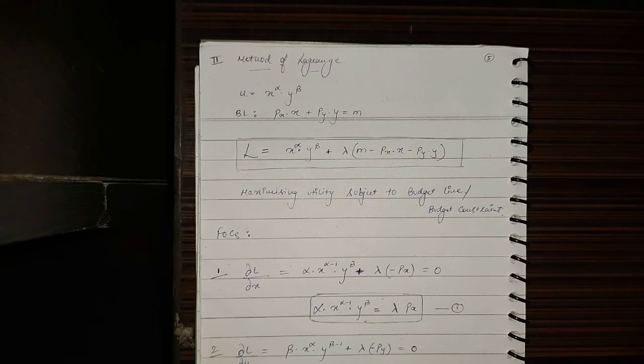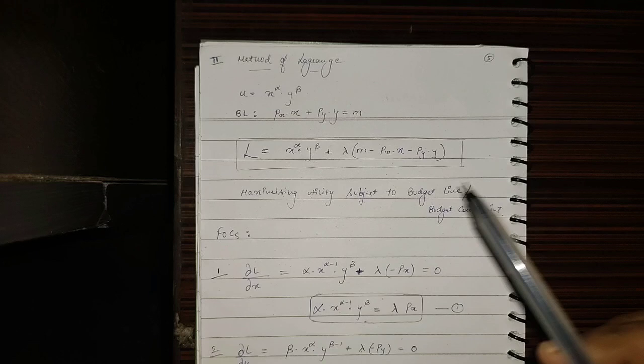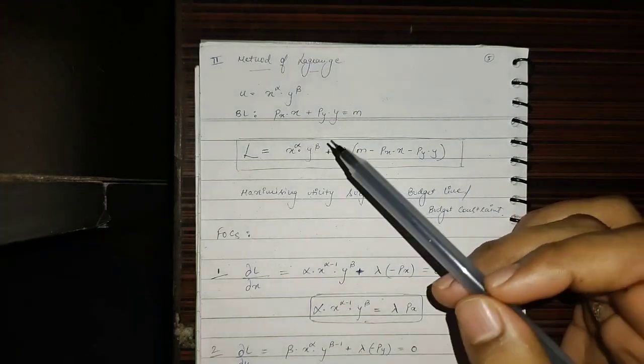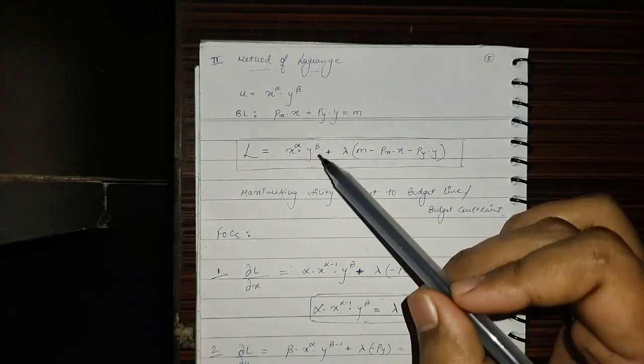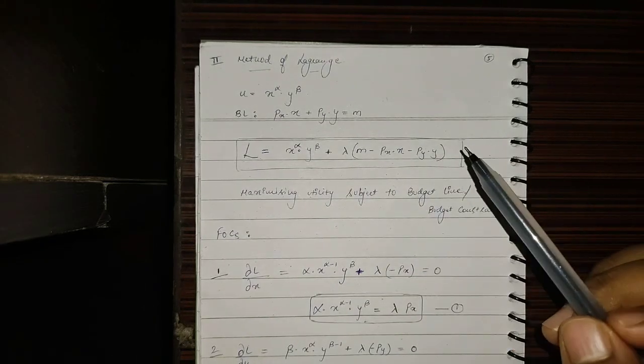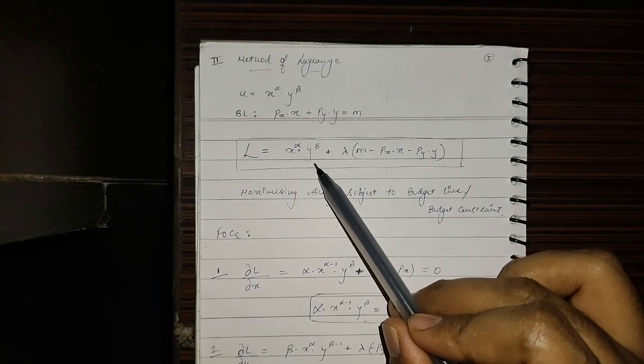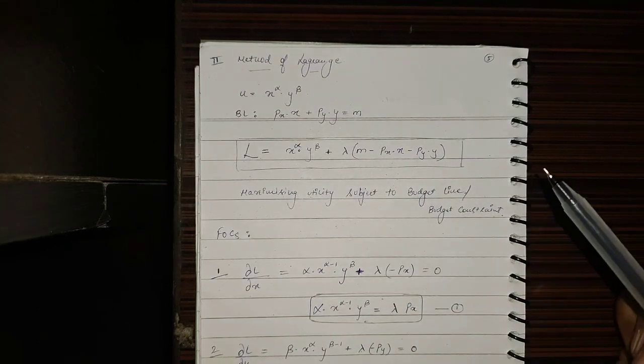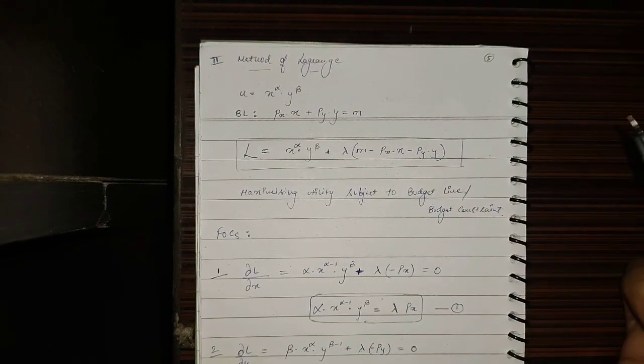So this is how we set up a Lagrangian function, where we define a function L that is comprised of the utility function and the budget constraint, meaning the equation of the budget line that we have.